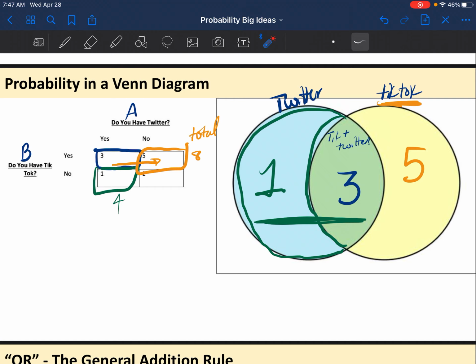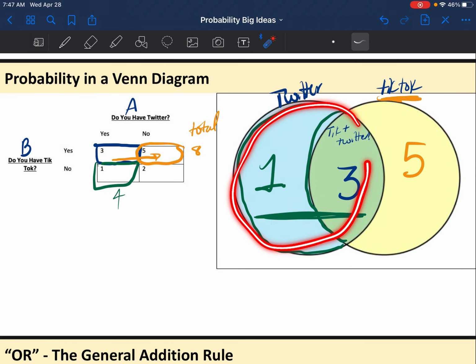And the final part is to think about, where does this piece go? Where does the no Twitter and the no TikTok go?